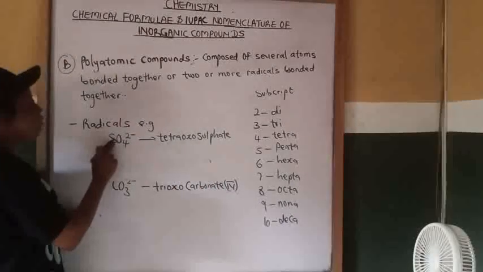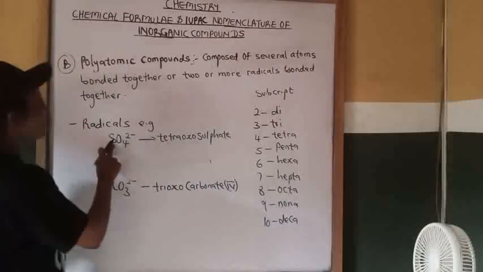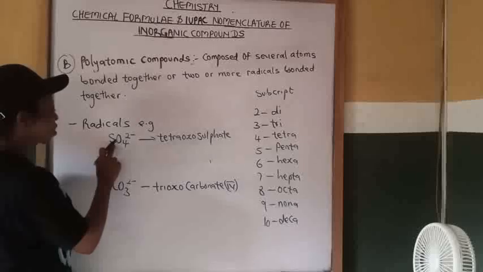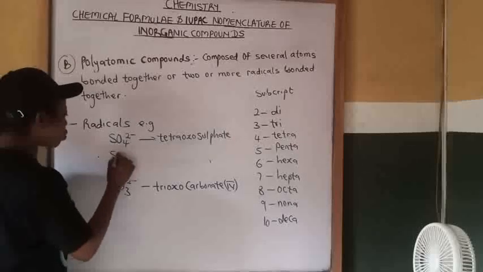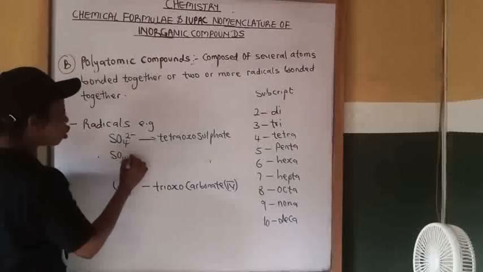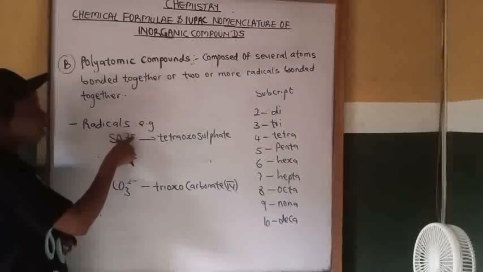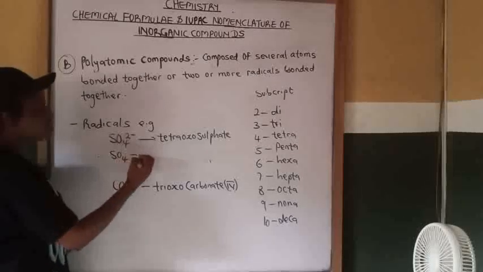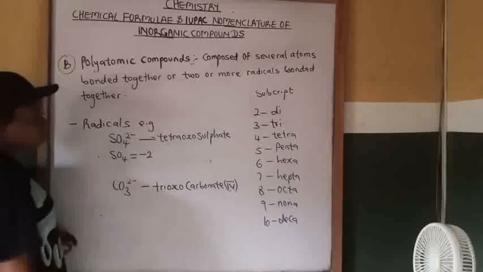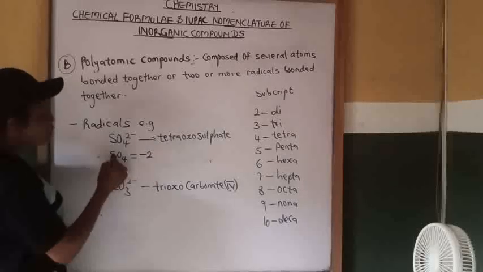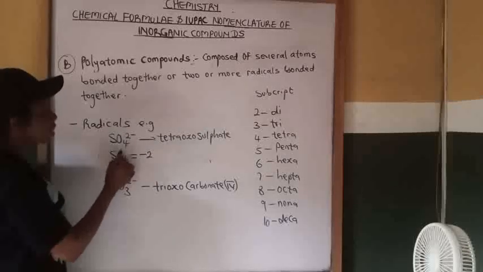We have to calculate the oxidation number of sulfate from this compound. So therefore, SO4 equal to, bring this minus 2 down, that is the charge on it. So we are looking for sulfur. So sulfur is unknown. The charge on oxygen is 2 minus.